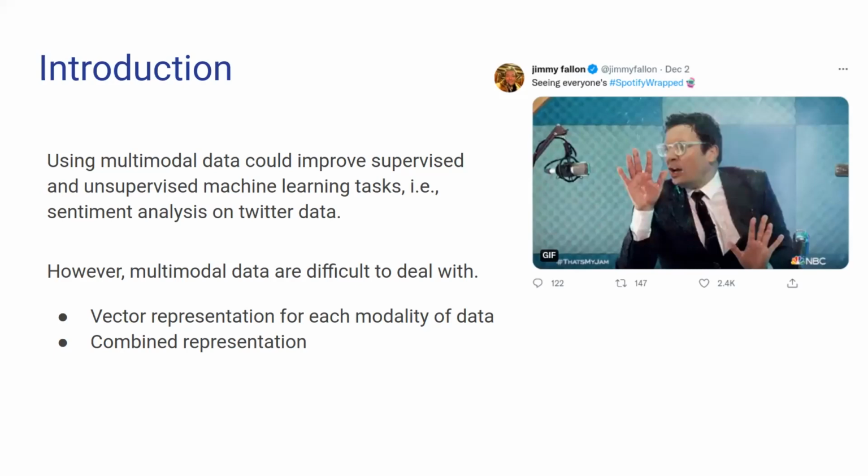The first is that we need to obtain a vector representation for each modality of the data, which means we need to transform the information of the text into numbers in such a way that machine learning algorithms can work with it.